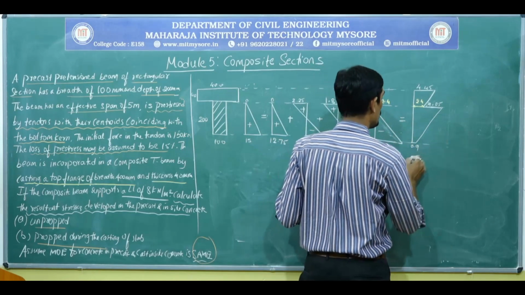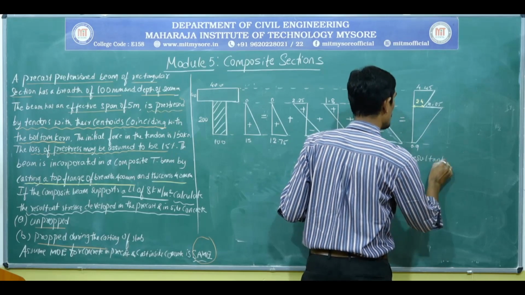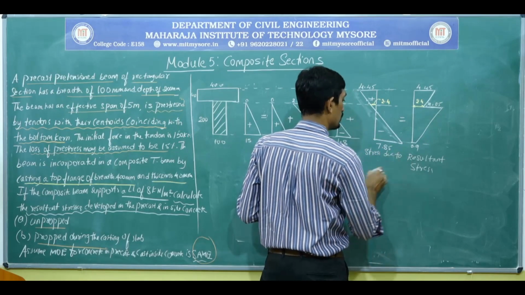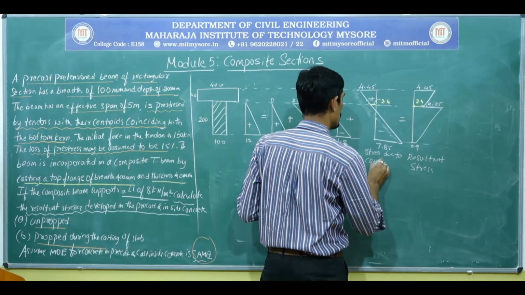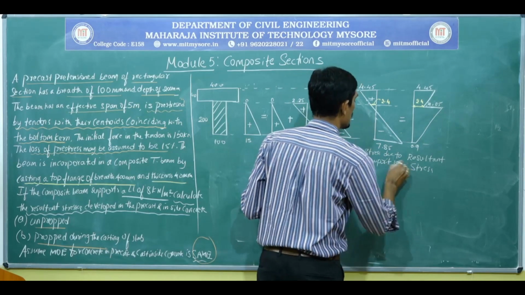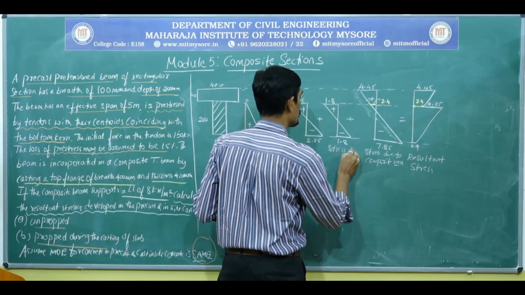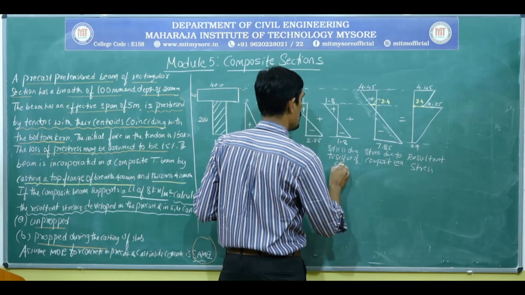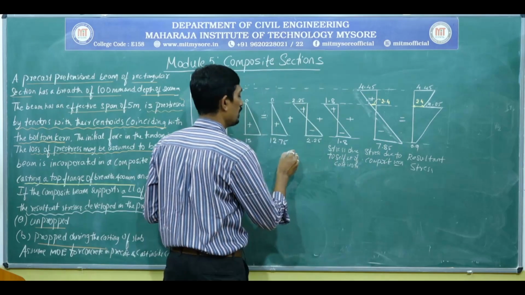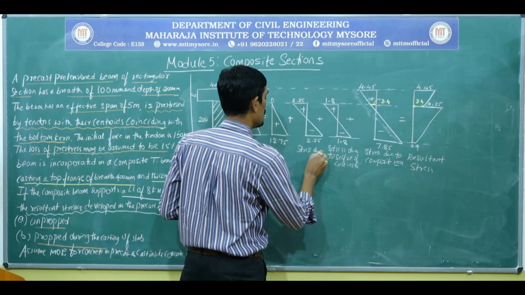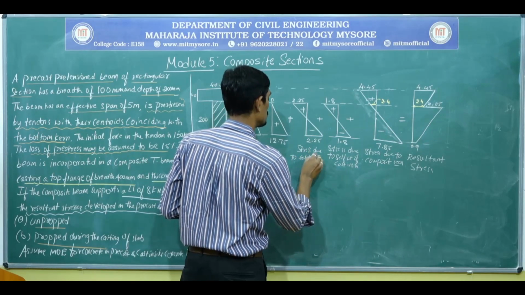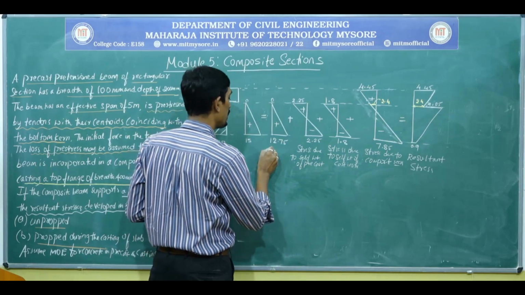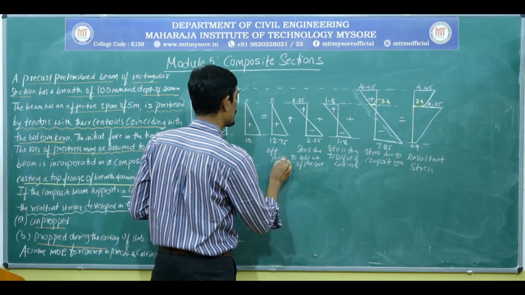So like this you need to write down. So this will be the resultant stress, and this is the stress due to the composite section, and this will be the stress due to the self-weight of cast in situ, and this will be the stress due to self-weight of precast pre-tension unit, and this will be stress due to effective pre-stress.